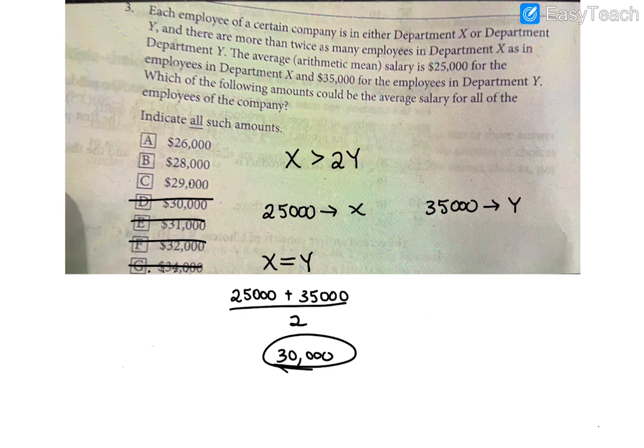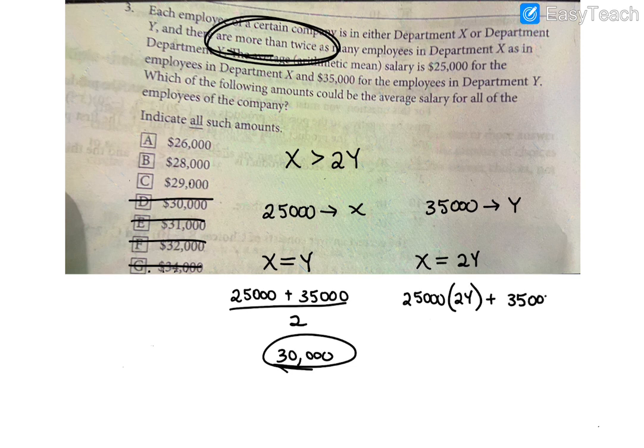So then the other thing that I looked at is, what if X were equal to twice as many as Y? Remember, they told us it's more than twice, so let's see where that cutoff would be. If X was equal to twice as many as Y, say the number of employees in X is 2Y, and then you took the average with Y, the 35,000, 2Y plus Y is 3Y.